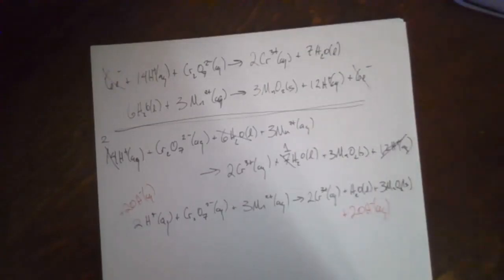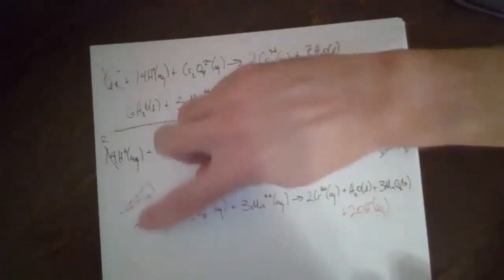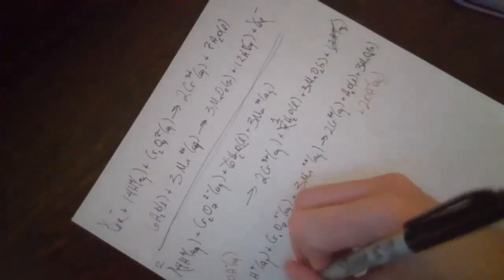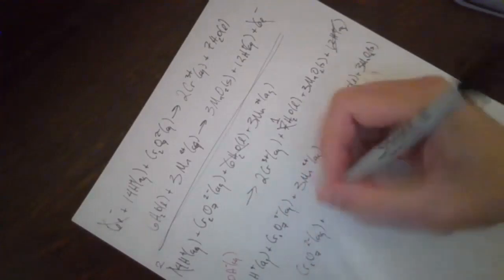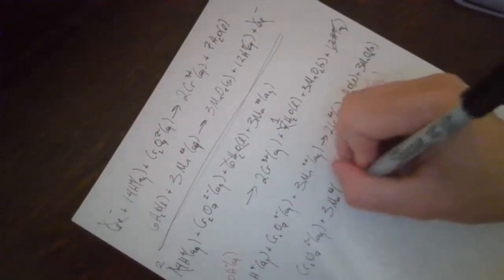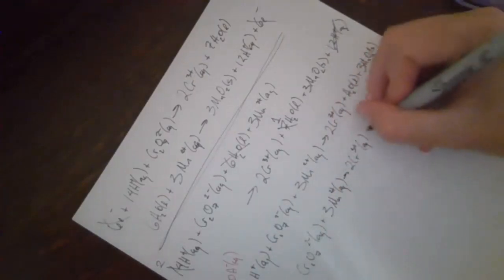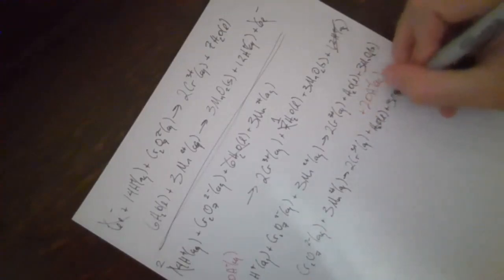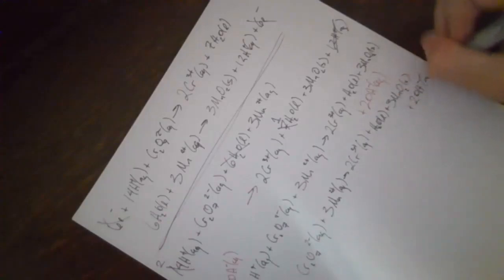And so these together will react to create water. We know hydroxide and H+ combine together to give you water. So this would be 2 H2O liquid plus the Cr2O7 2- aqueous plus 3 Mn2+ aqueous becomes 2 Cr3+ aqueous plus the H2O liquid plus 3 MnO2 solid plus your 2 hydroxides.